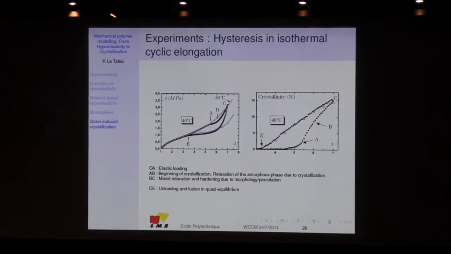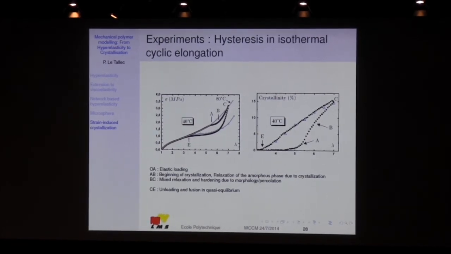But anyhow, with cyclic loading with crystallization, what you observe is that at a certain point in loading, you have a stress relaxation, crystals begin to appear, so you get a softer curve, then later there is stiffening because of crystallization, and you arrive at a maximal load.